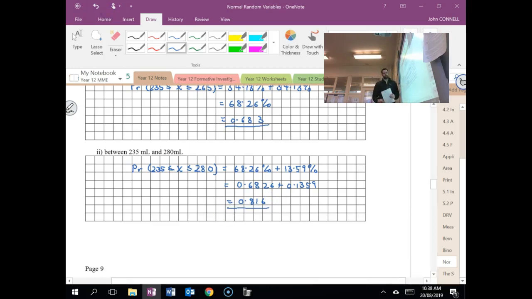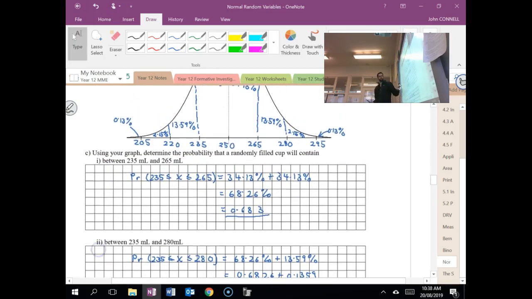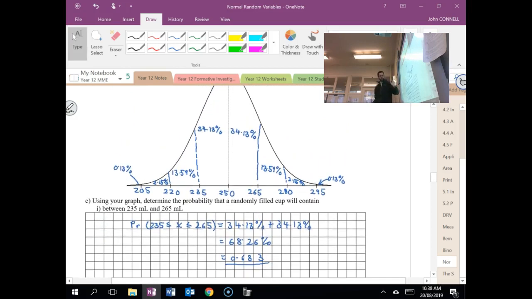So there's a 0.816 chance that the cup will contain between 235 and 280, so between those two values there. That's probability. The other way to look at it is that 81.6% of the cups will lie within this range. That's a proportionate interpretation.